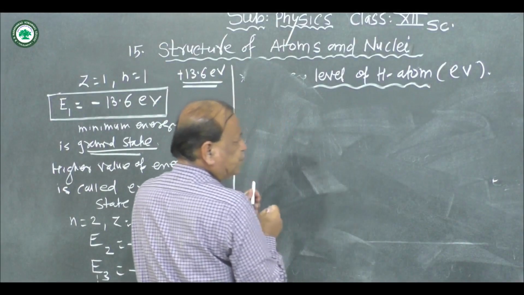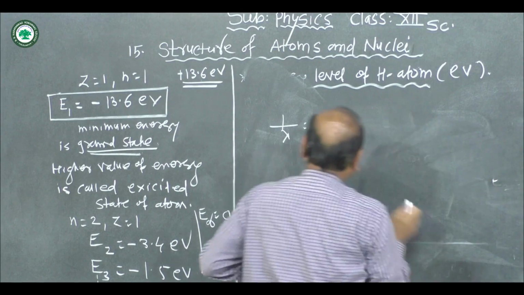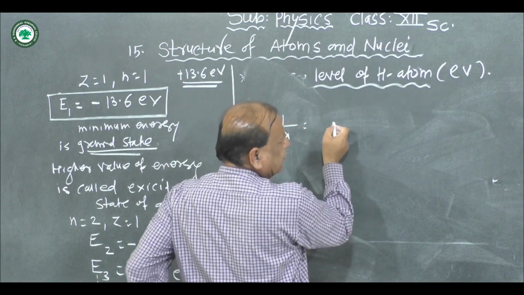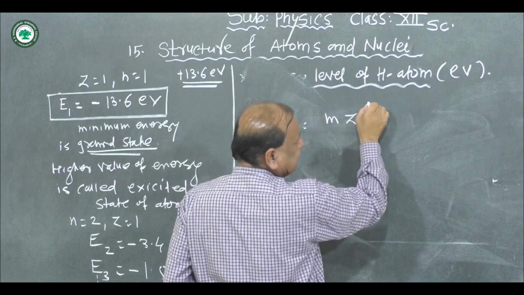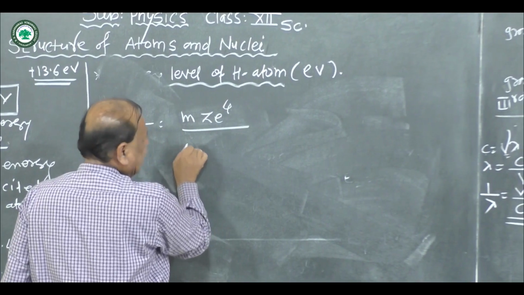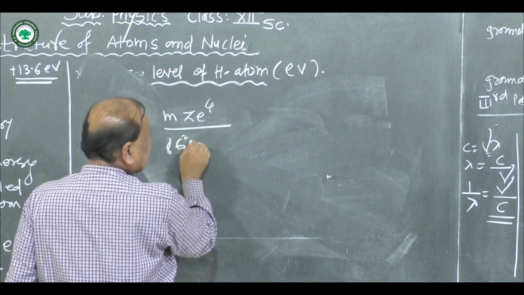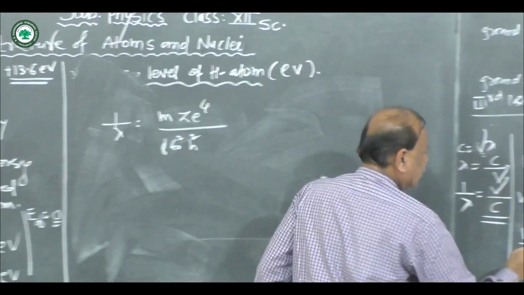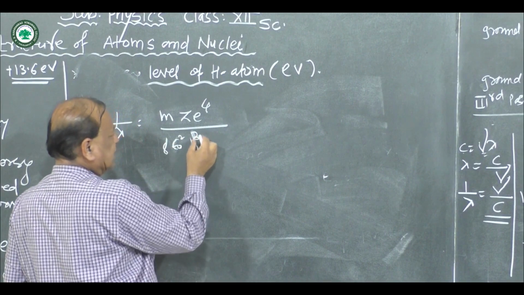The equation becomes 1 upon lambda equals m z e raised to 4 divided by 8 epsilon 0 square, h square, and the extra h gives h cube.